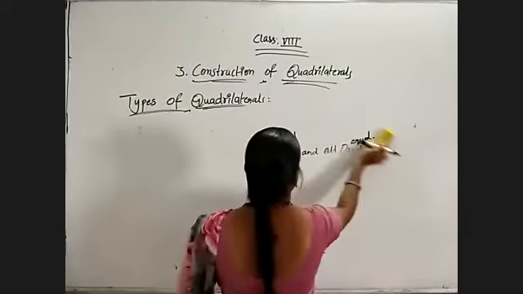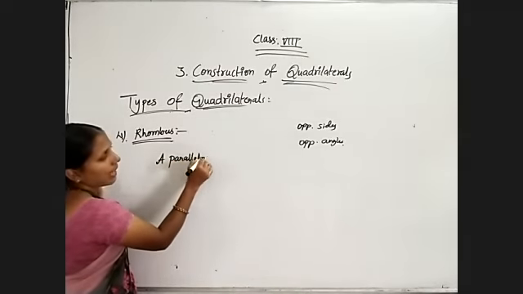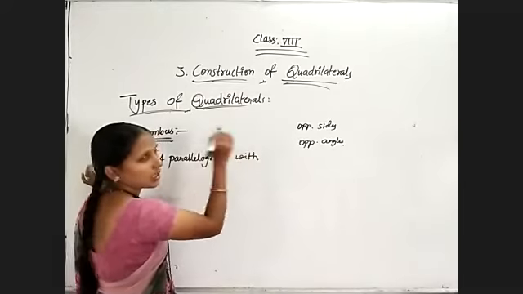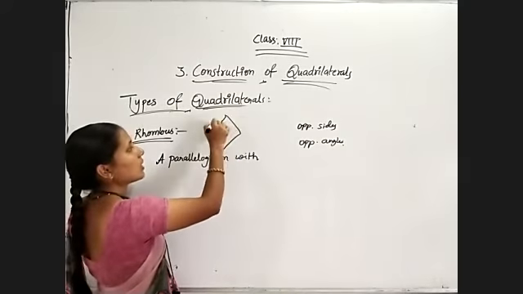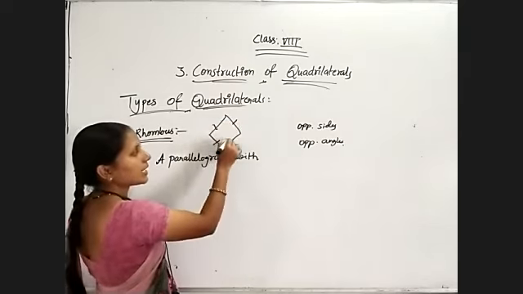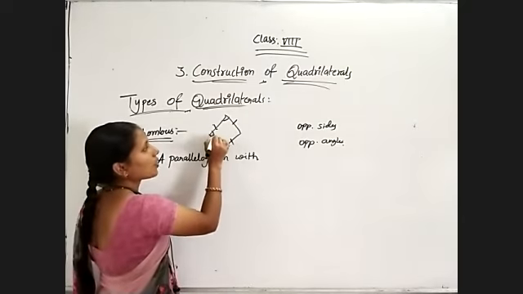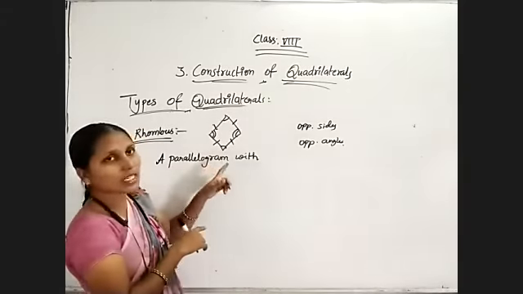That's all for a parallelogram. Now, I am also writing the rhombus in terms of a parallelogram. Observe, a parallelogram with, for a rhombus, all sides are equal. Every side is equal, but opposite angles only are equal.